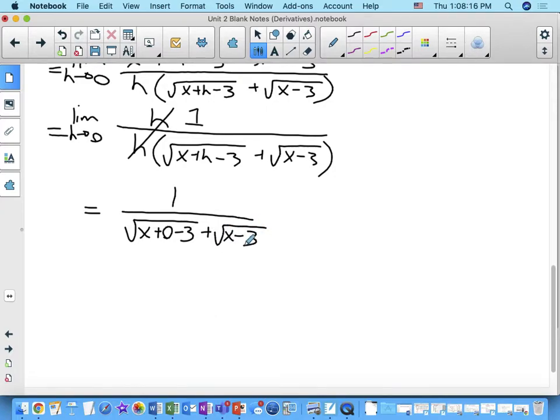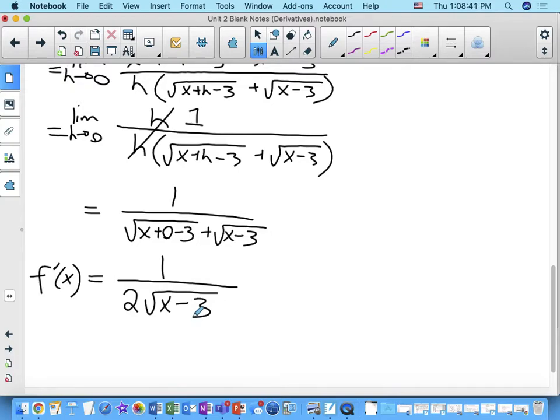Now when I sub in a 0 here, I actually get the same radical twice. So I have 2 of them. So my whole derivative function is f prime of x equals 1 over 2 square root of x minus 3.